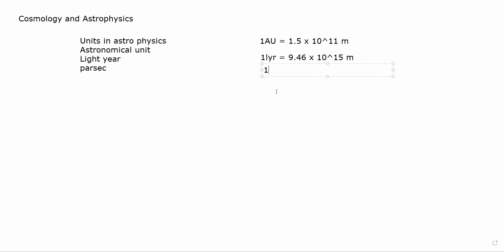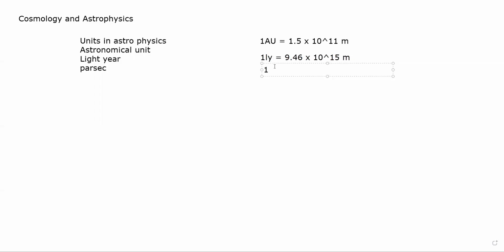1 parsec is denoted by PC, and for light year we use LY. LYR is the abbreviation, but normally LY is used.